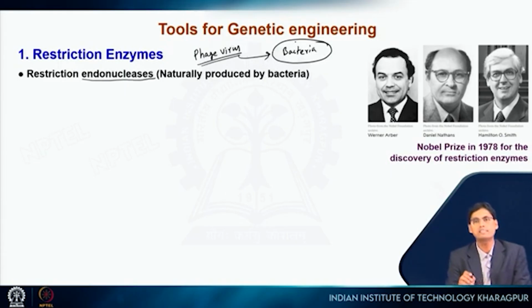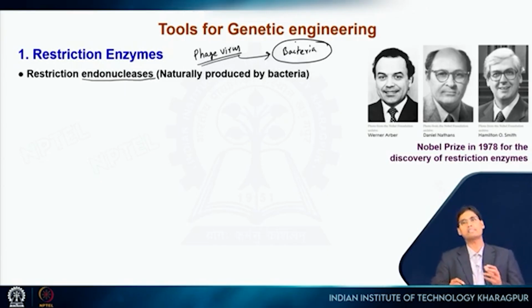Now this bacteria has some weapon. For example, this restriction endonuclease, and this enzyme digests the foreign DNA. So what happens when a phage virus attacks bacteria? They inject their DNA, phage viral DNA, inside the E. coli cell, for example, or any other bacteria.